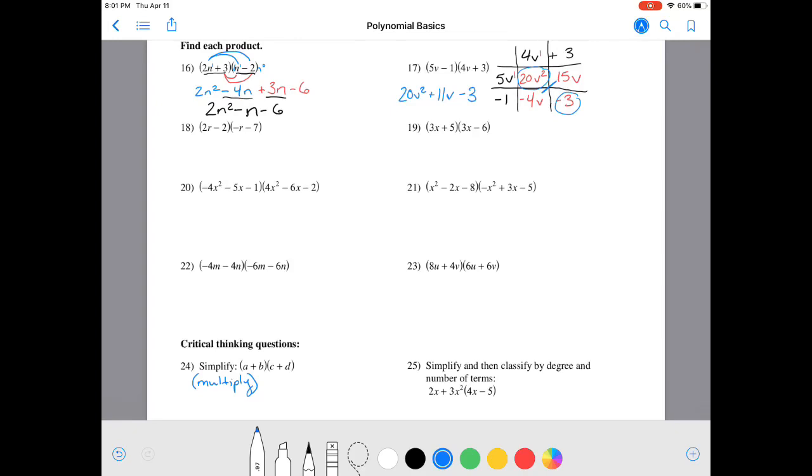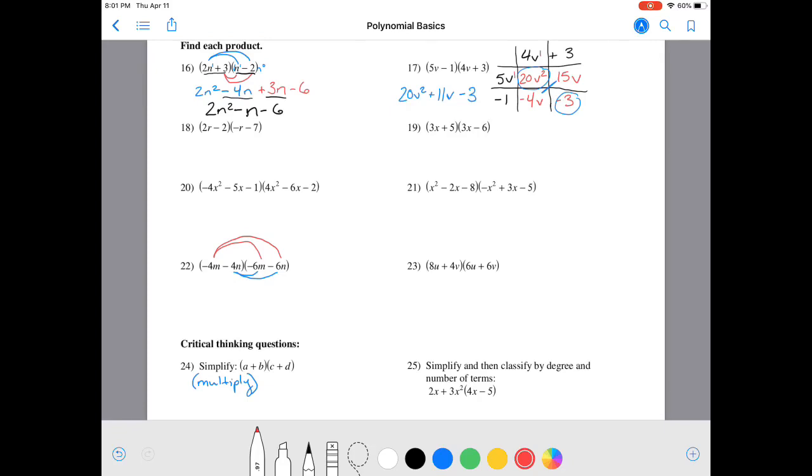So in problem number 22, we have 2 variables, m and n. So let's go ahead and use the distribution method to multiply those. So I'm going to do the negative 4m times the negative 6m, negative 4m times the negative 6n, then the negative 4n times the negative 6m, and the negative 4n times the negative 6n.